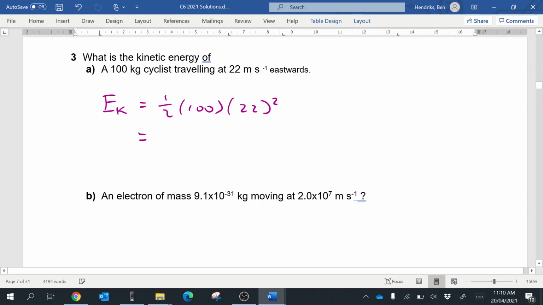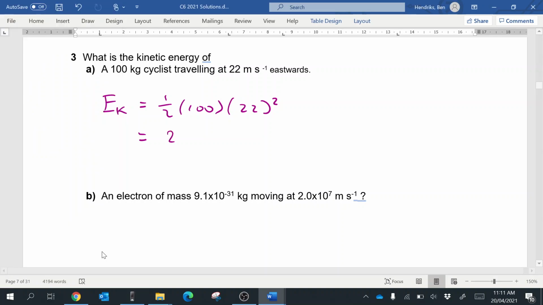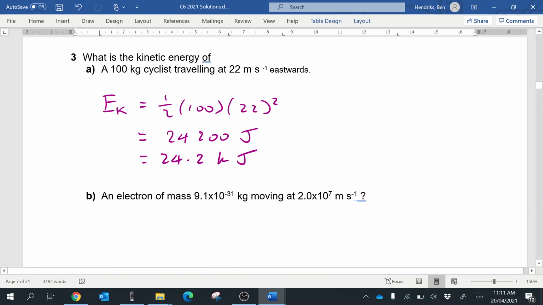If we put that into our calculator, we write a half as 0.5 times 100, or you could just work out that half of 100 is 50, times 22 to the power of 2. And we get 24,200 joules. That's equal to 24.2 kilojoules. Often you'll see it written as kilojoules, but you shouldn't be marked down either way for writing joules or kilojoules.